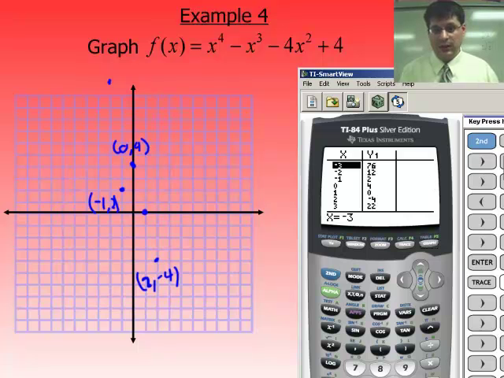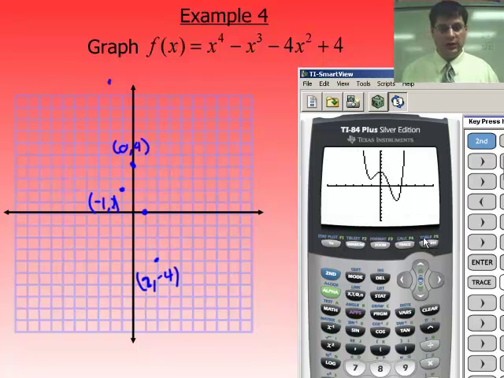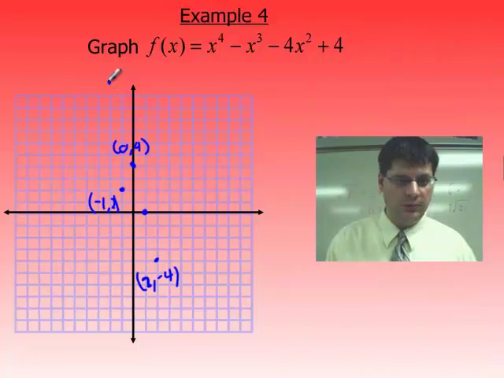So we're going to go ahead and connect those points, and it's going to look roughly like what we have on the calculator. Not exactly, because the window is going to be different than what we have here. So I'll start up at this point here, come down to this local minimum, make our first turn.